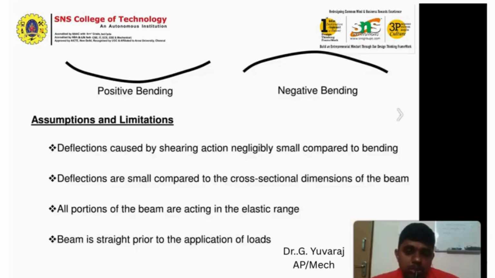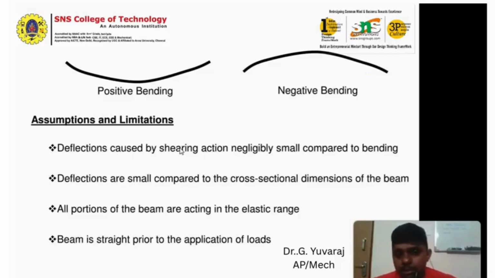These two different curves are represented as positive bending and negative bending. Generally, there are some assumptions and limitations in bending moment analysis.